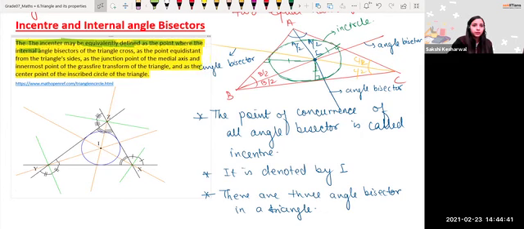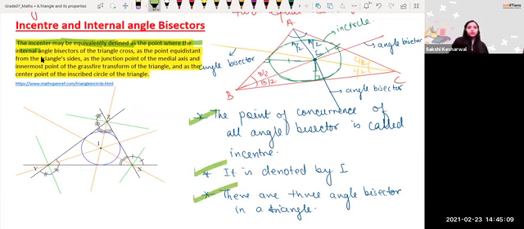The incenter may be equivalently defined as the point where the internal bisectors of the triangle cross, as the point equidistant from the triangle sides. This is going to be a big thing, so you just read out what I wrote.